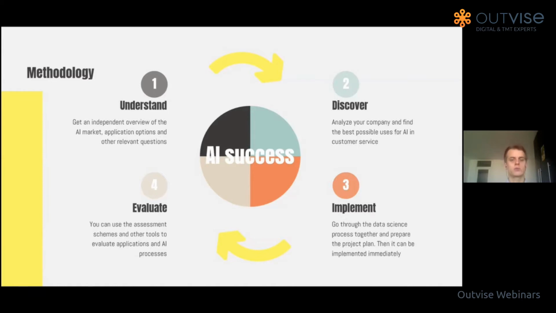Those were the use cases that are possible, that I've done, but they don't necessarily fit into your enterprise. So you need to understand where the biggest value potential is in your customer service department and in your company. And you will build some kind of portfolio of those use cases and work with them.